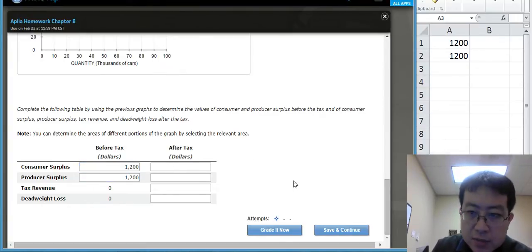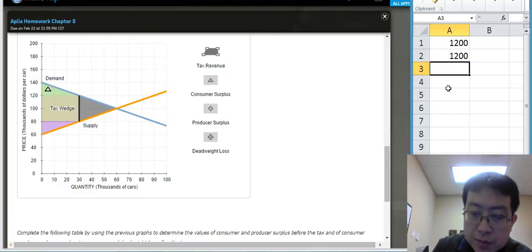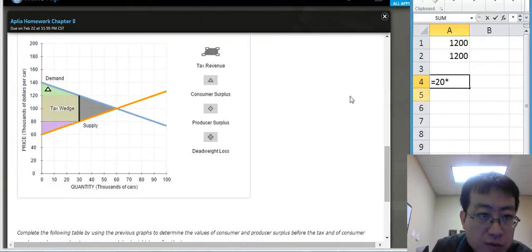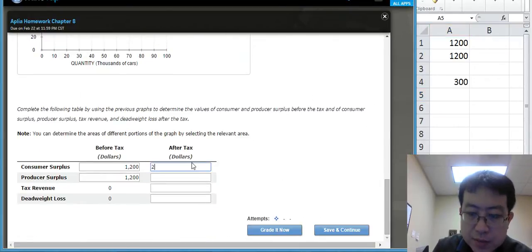Now let's do after tax. After tax, the smaller area over here is from 140 to 120. That's 20 times the horizontal distance from 0 to 30, so times 30 and then divided by 2. It's going to be 300. So 300 for consumer surplus.